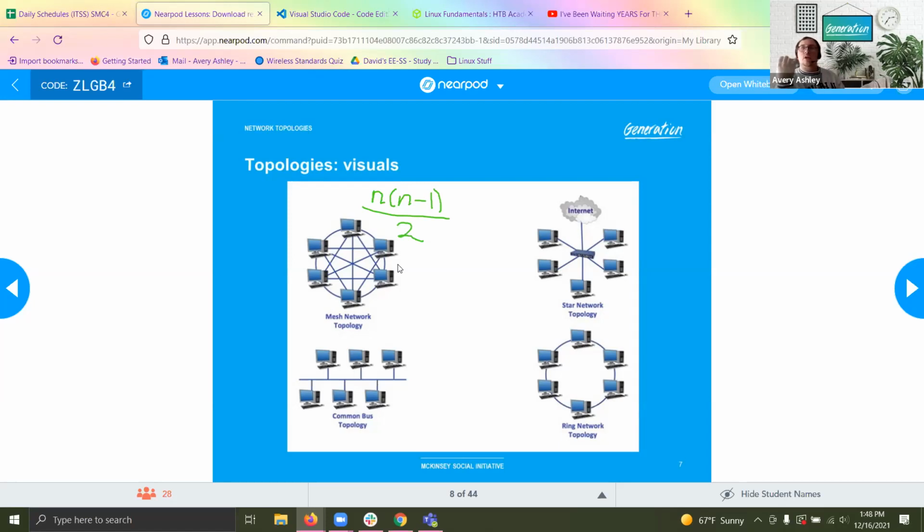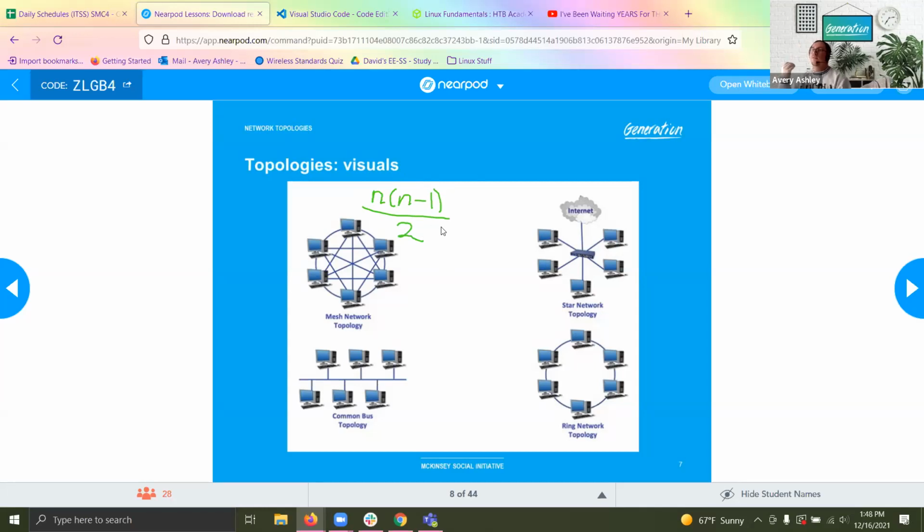So N is going to equal the number of devices you have. So we have 1, 2, 3, 4, 5, 6. So we have 6 devices on the network. If we want to make a mesh network, we're going to need to do 6 times 6 minus 1 divided by 2. So 6 minus 1 is 5. 6 times 5, 30 divided by 2.